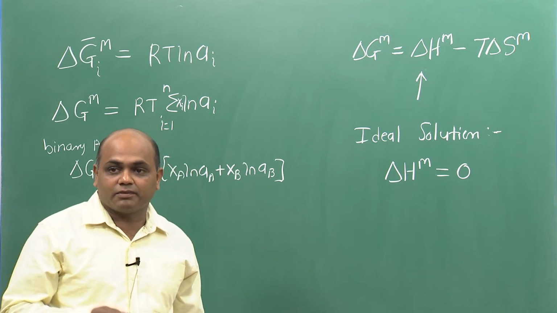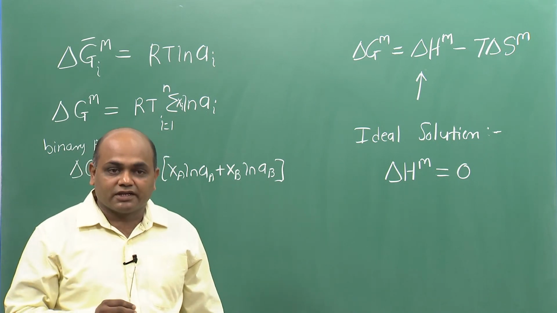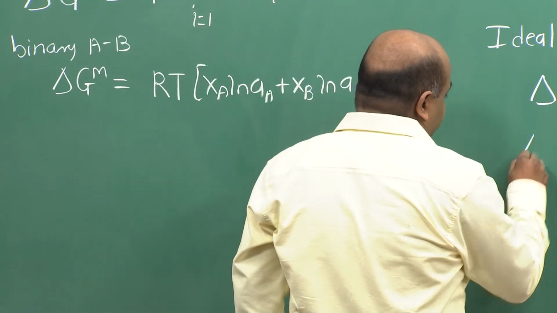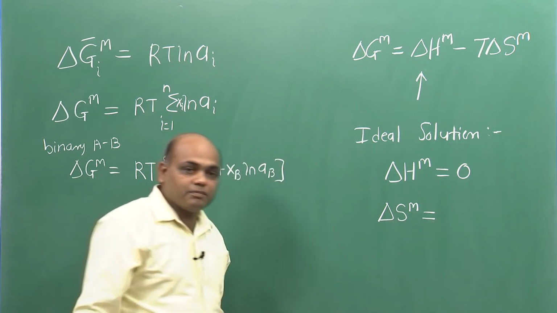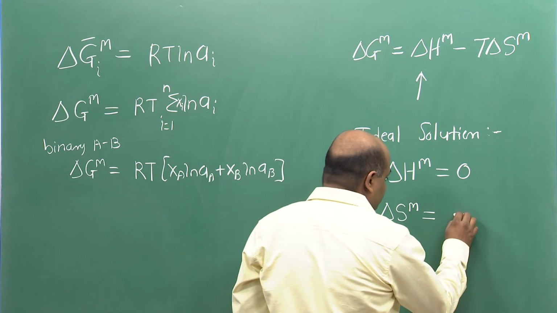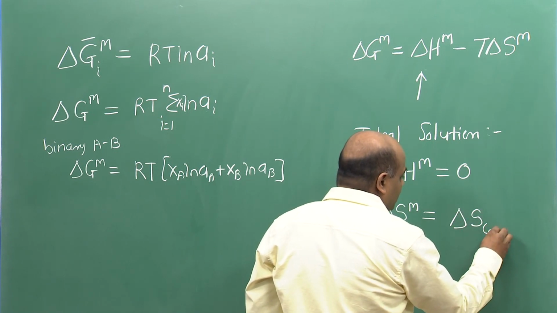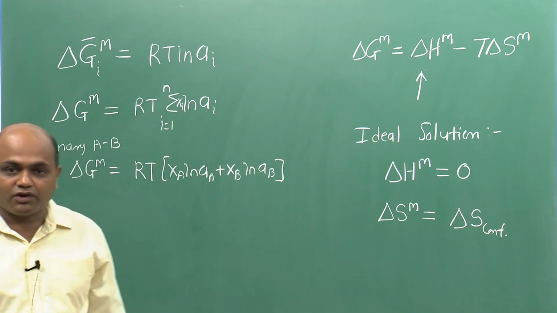So, it does not matter what pair we are looking at, AA, BB or AB, the interactions are all the same. Okay. And the entropy of mixing is essentially all from the change in configurational entropy. Okay.